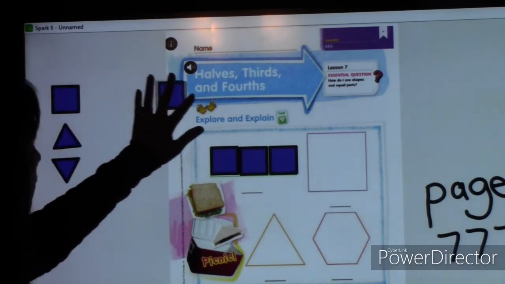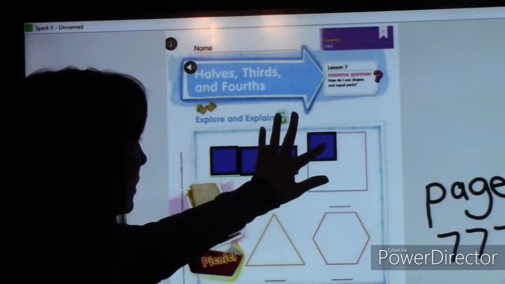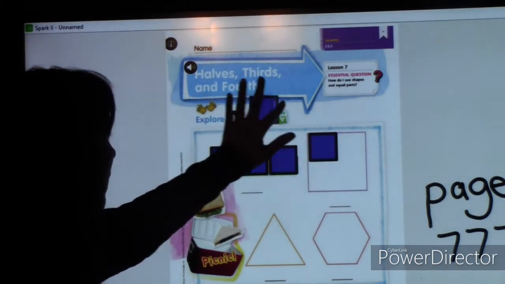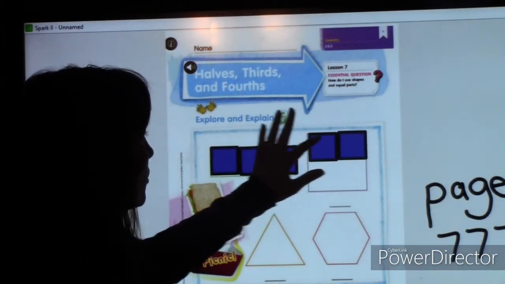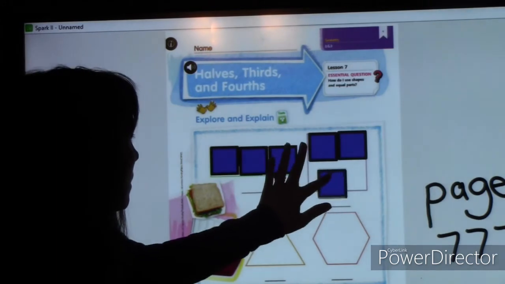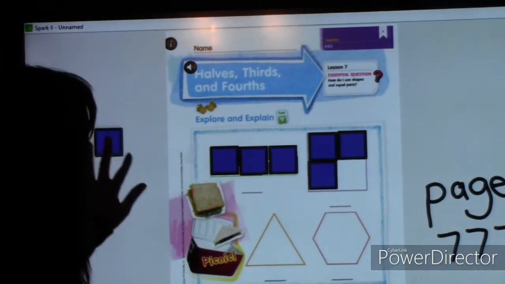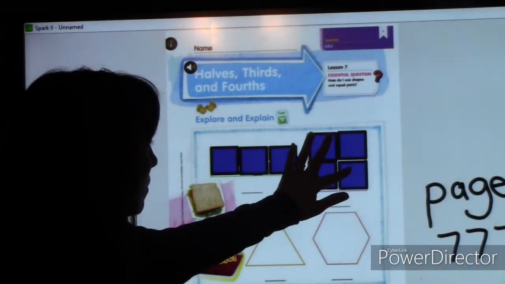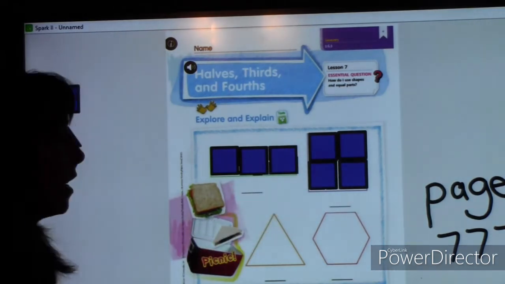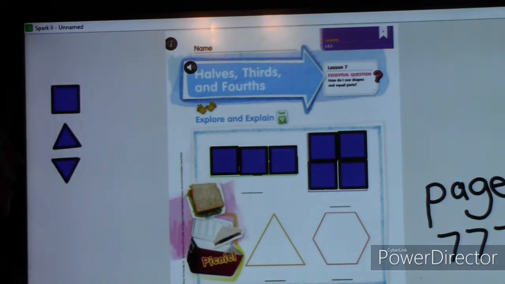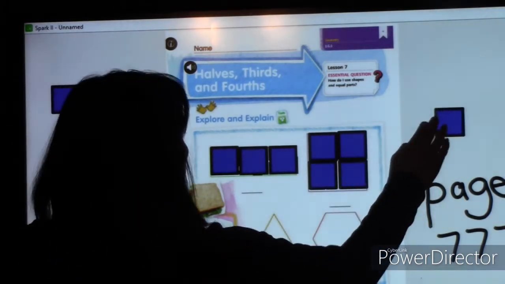If I have a square, I'm going to be able to divide that square into 4 equal squares. So go ahead and divide your square into 4 equal squares.